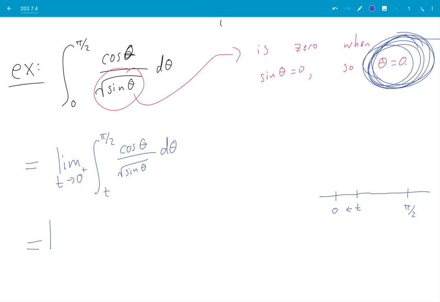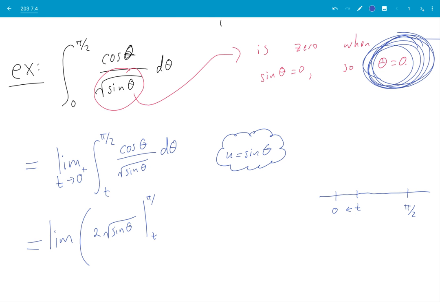Okay, now I go ahead and do the integral. I would do u is equal to sine theta. That's substitution. And what would I get? I would get 2 root sine theta. But yeah, looks good.